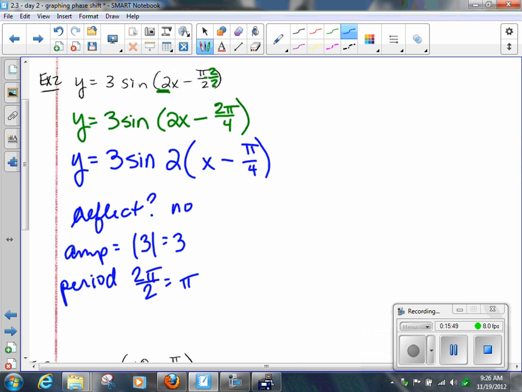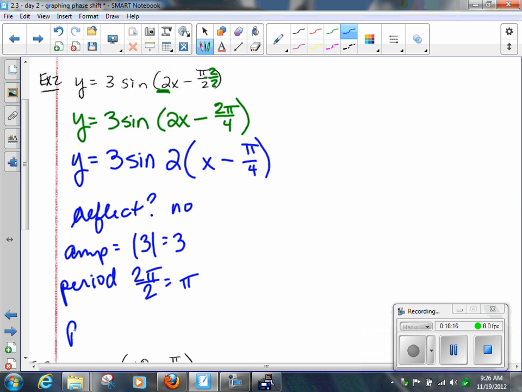If we relate it back to the unit circle, it's however far we are rotating that angle around the origin, around that unit circle. Very good. That's what I was asking.